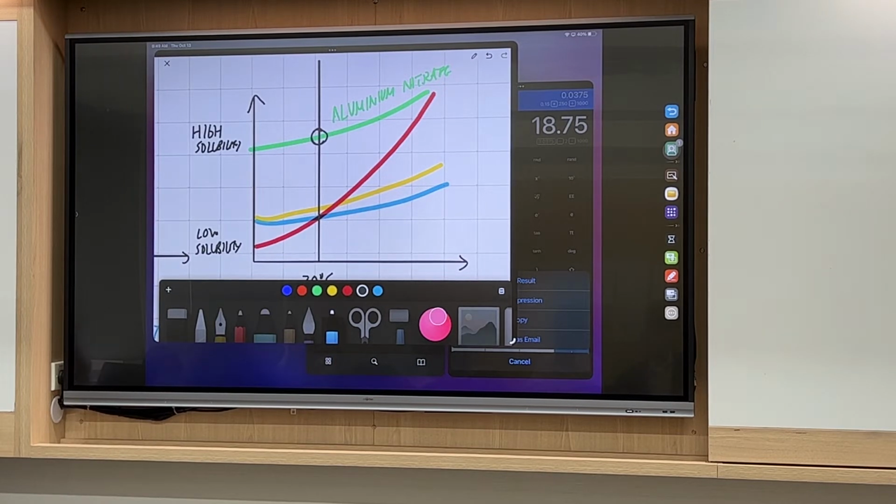Okay, this is a disaster. I think only one student got it right. Do you remember what a saturated solution means? Does it have a maximum amount of salt dissolved, or does it not? Maximum. It has a maximum. I compare it to a cinema that is full house, right? Every seat has been taken.